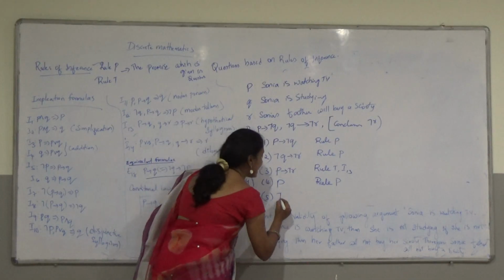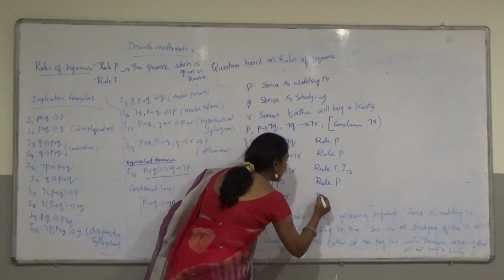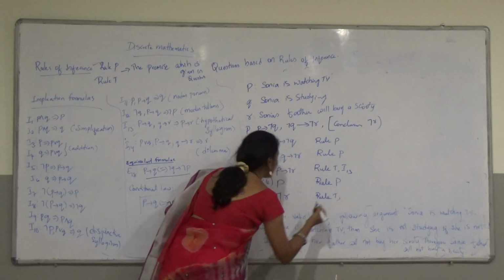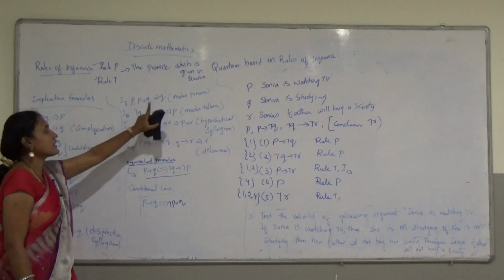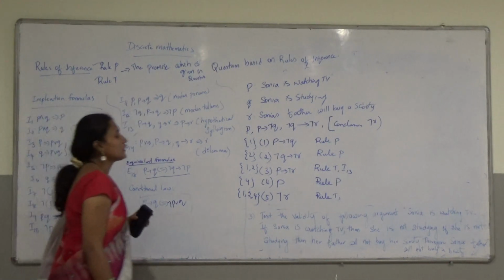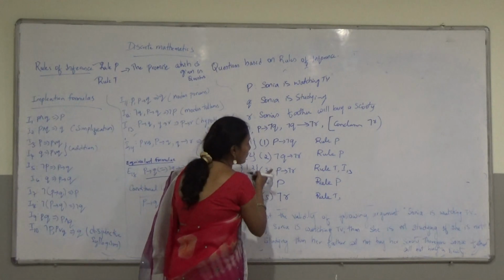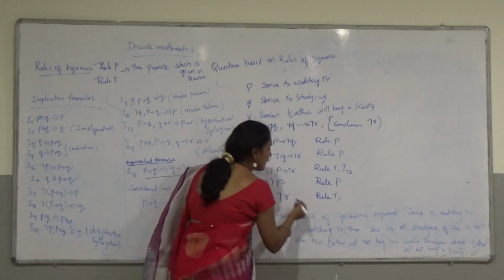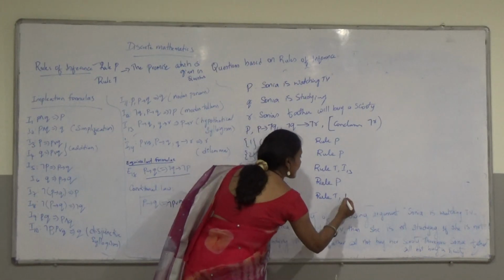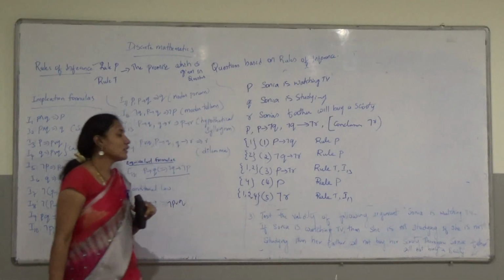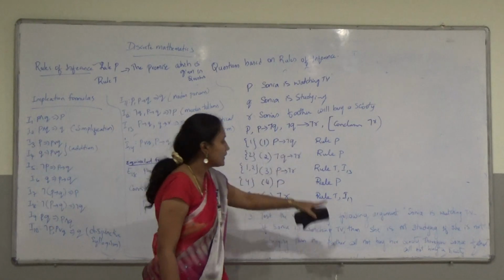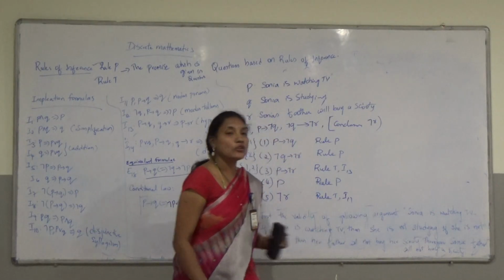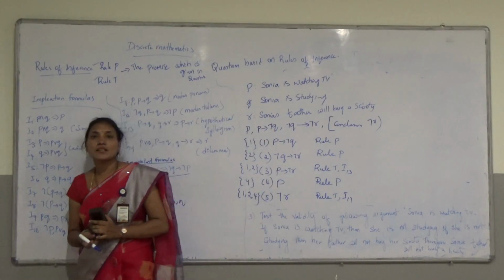So we are writing negation R according to rule T. And what is the I-11 statement? P comma P implies Q, that is modus ponens, we get Q. So P comma P implies Q, that is nothing but negation R. This is according to I-11 rule T. We are getting a conclusion. What is negation R? Therefore Sonia's father will not buy a scooty. This is a twisting question.